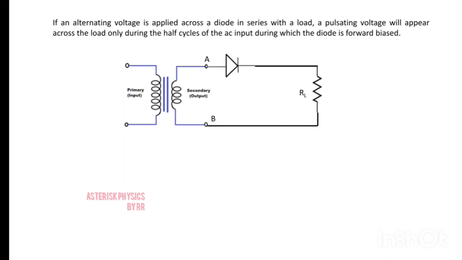If an alternating voltage is applied across a diode in series with a load, a pulsating voltage will be produced across the load only during the half cycles of the AC input, during which the diode is forward biased. Let us see how a pulsating voltage is developed across the load resistance RL when an AC is applied across the primary coil.